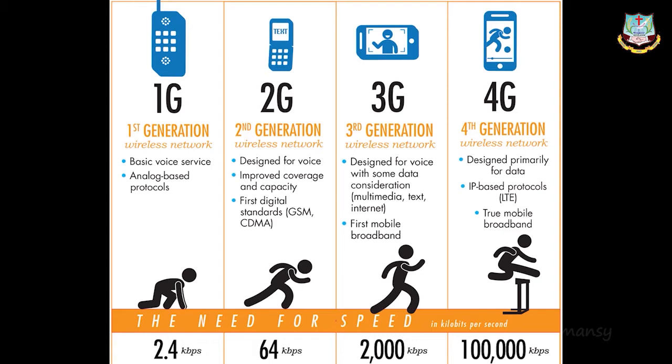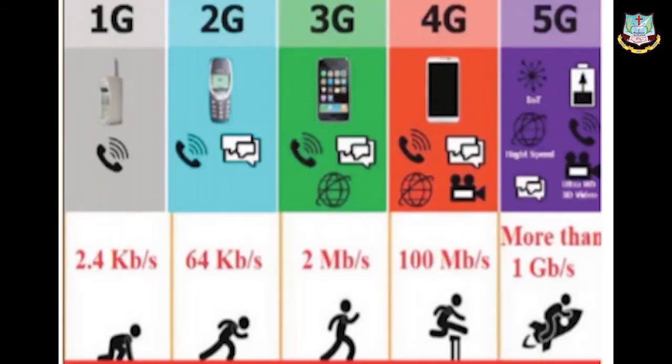This was an unencrypted transmission, and so this led to spoofing of identity. This is 1G, the first generation. In the year 1981, NMT launched. NMT is Nordic Mobile Telephone Communication, right?